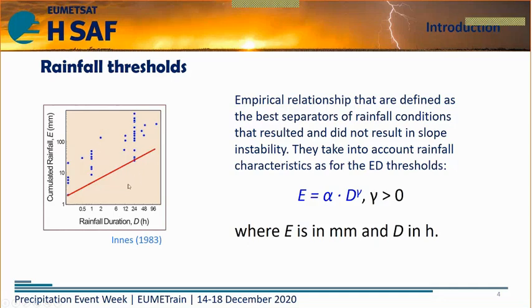If the point falls below the threshold, no landslide will be triggered. On the other hand, if the point falls over the threshold, we will likely have a landslide.